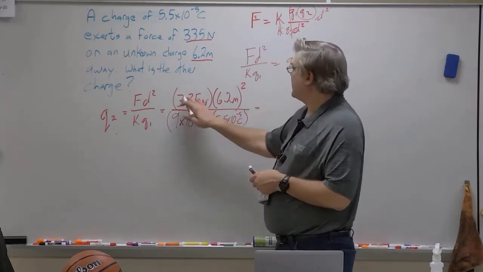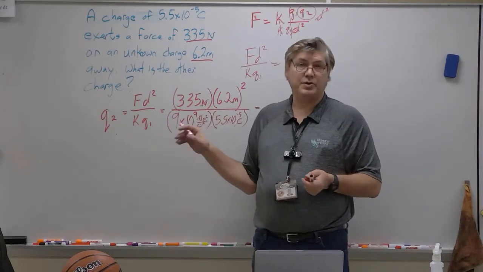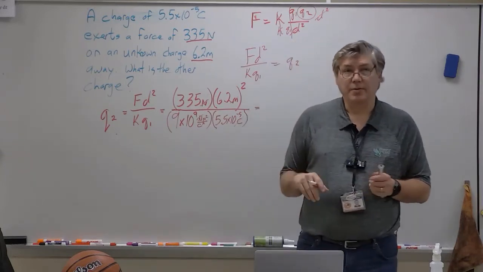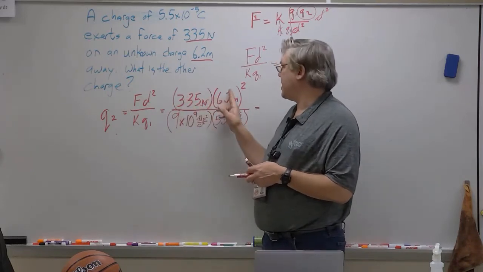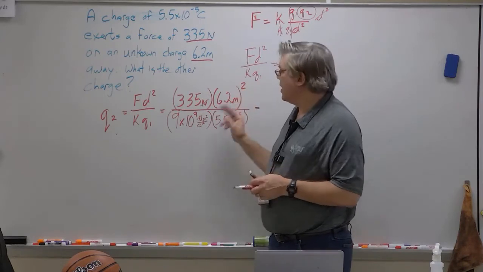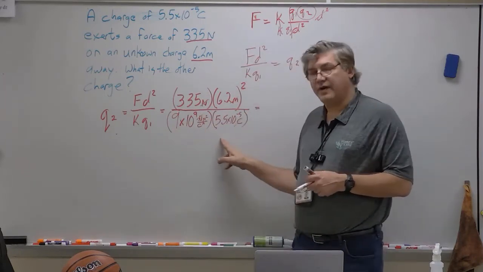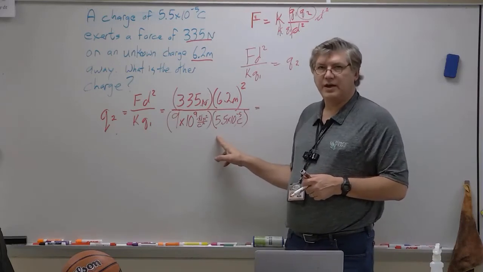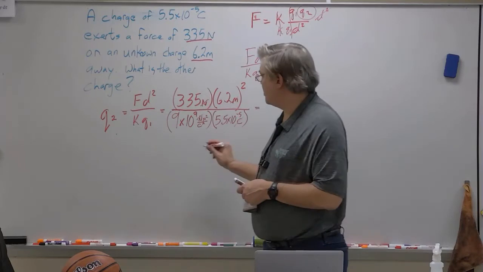So we're going to multiply these out. Don't forget that when you're using exponents in the denominator, you need to be careful. We're multiplying 335 times 6.2 squared. Then we're dividing by 9 times 10 to the ninth, and then we're also dividing by 5.5 times 10 to the negative fifth. When you're doing these, you need to make sure to use the EE button.